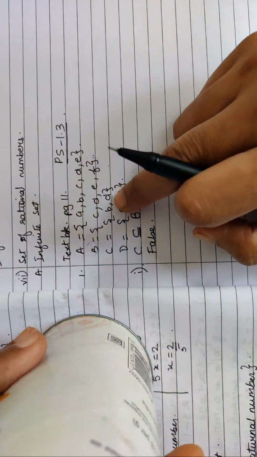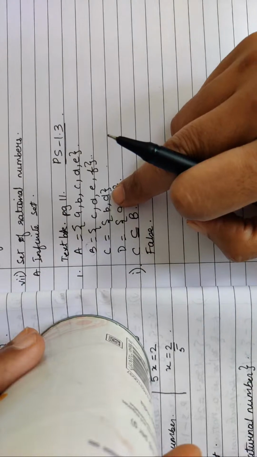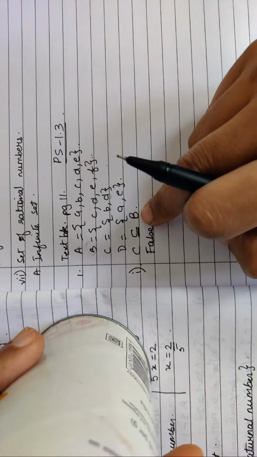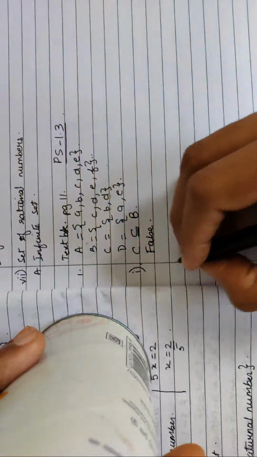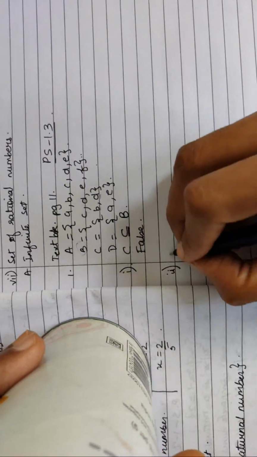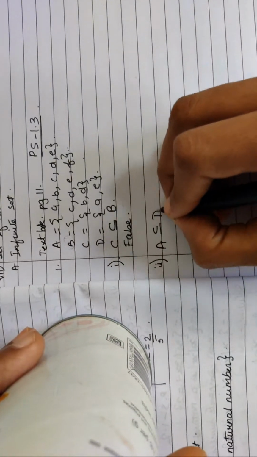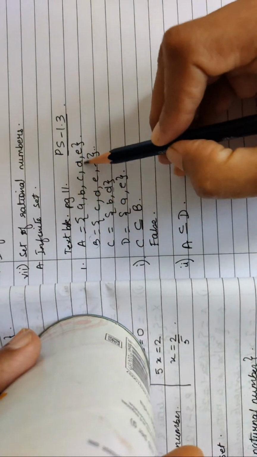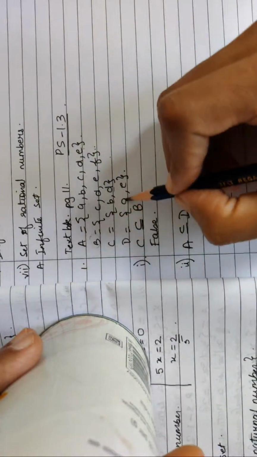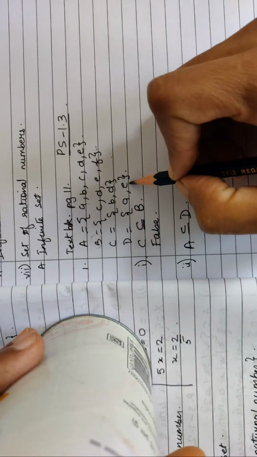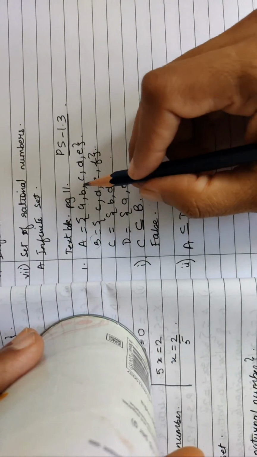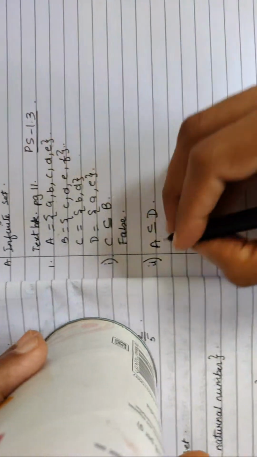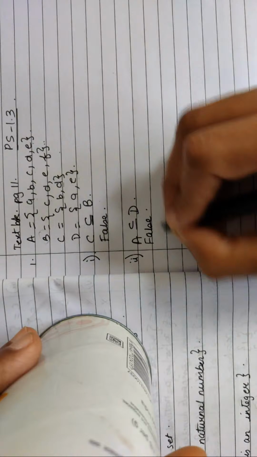And all the elements that are in B are not in C, so C cannot be a subset of B. Going on to the second, A subset D. Again go back. A is A, B, C, D, E and D has A and E. So D can be a subset of A, but all the elements of A are not present in D, so this one is also false.